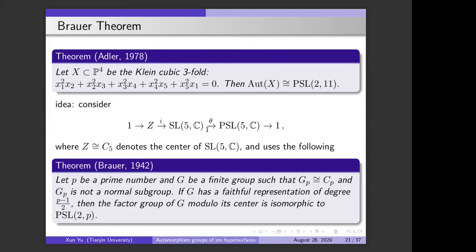He needed one more ingredient, going from PSL to SL. In this case, because the rank is 5, the center is cyclic of order 5, which is relatively prime to 11, so this central extension doesn't matter, and we can still apply the Brauer theorem. Then of course some more computation is needed to show that we can actually apply this. Then he shows that this is the full automorphism group.